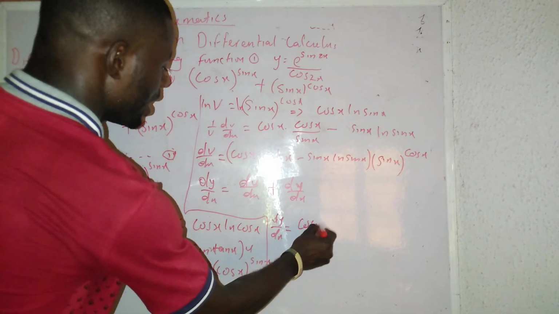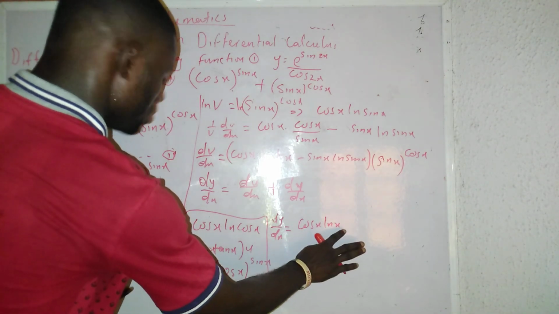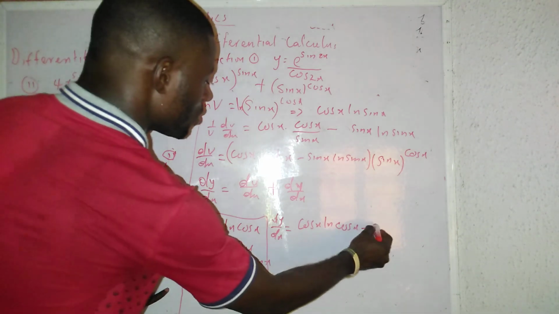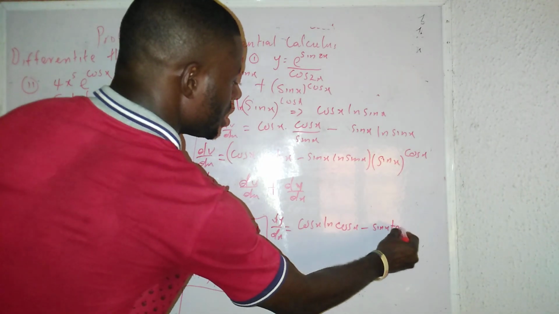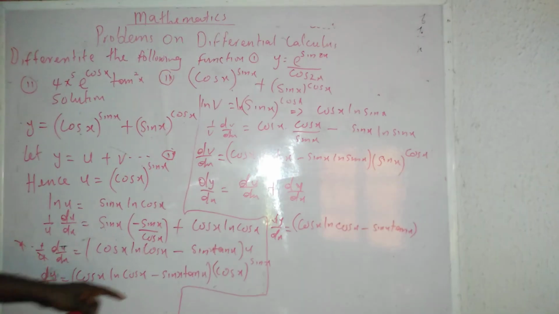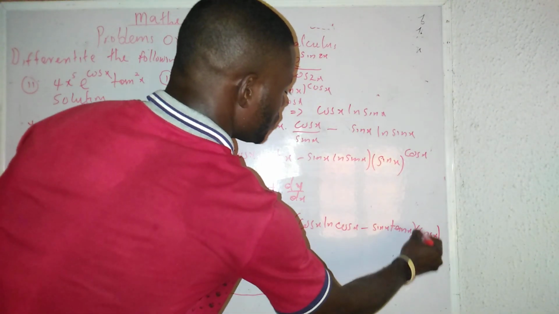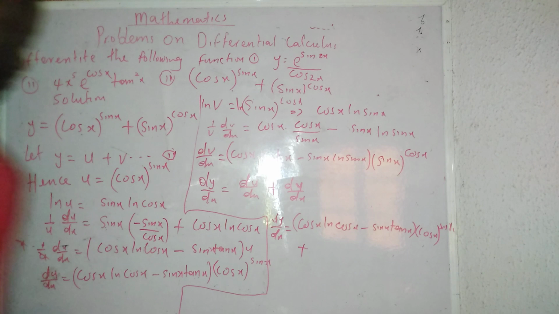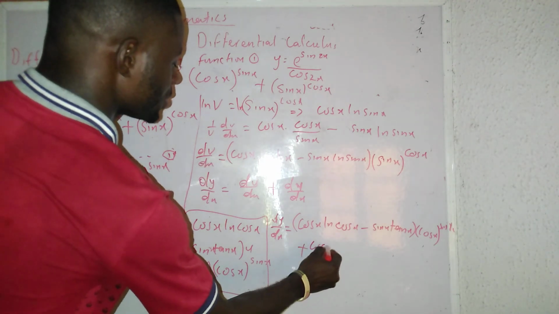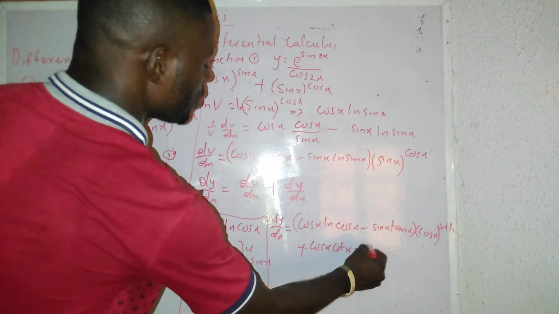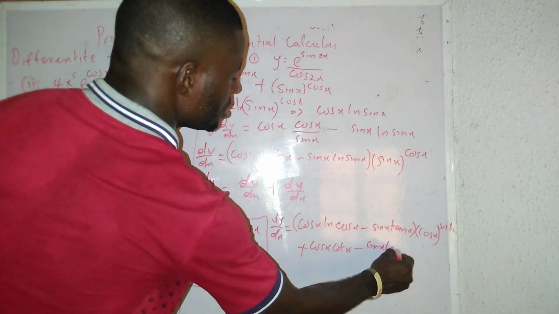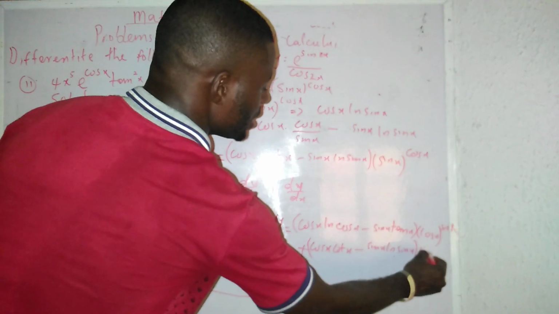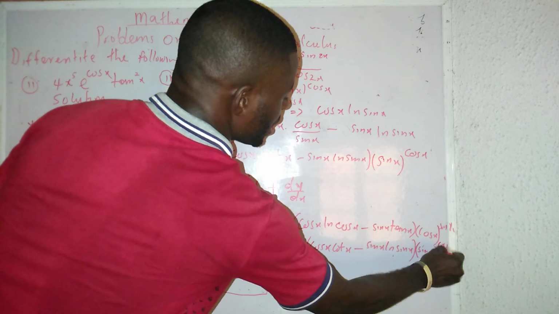I have cos x ln cos x minus sine x tan x, close bracket, of cos x bracket of sine x, plus, now I have cos x cot x minus sine x ln sine x, close the bracket, of sine x bracket of cos x.